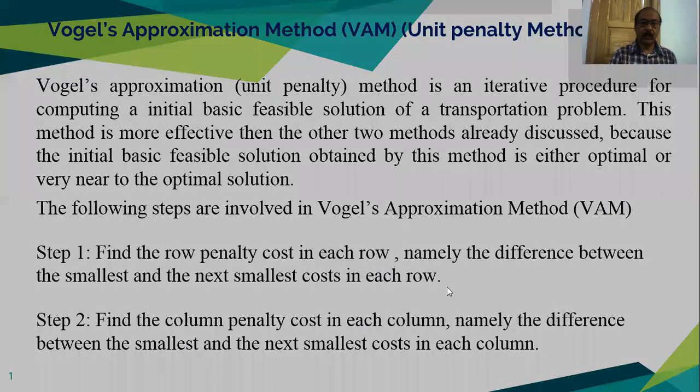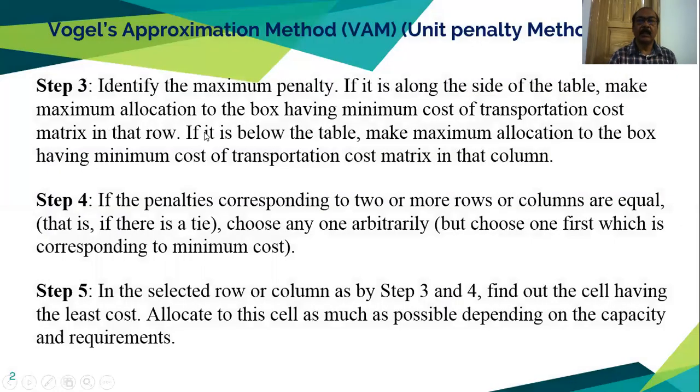Now, step 3, identify the maximum penalty. Whatever the row penalties and column penalties are, we have to find the maximum penalty, and corresponding to the maximum penalty we find the least cost.